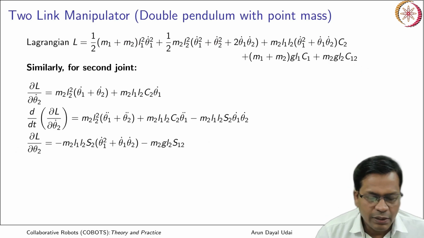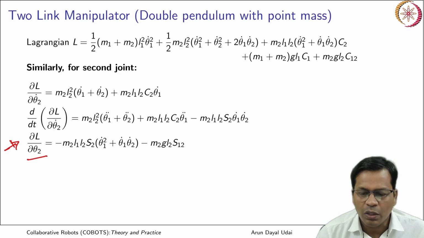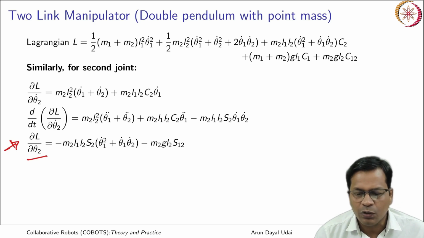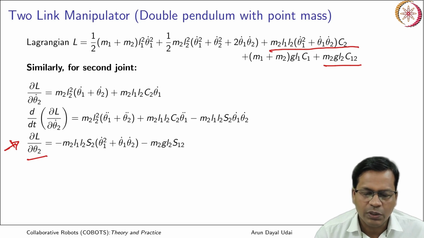So now taking dou L by dou theta 2, that is the second term of the Lagrange-Euler expression. This time it is theta 2. So all the terms that have theta 2 only will remain. So it is this term and this term only. All the remaining ones don't have theta 2 alone. Okay. So either they have theta 1 dot, theta 2 dot or theta 1. So all those will be ignored.